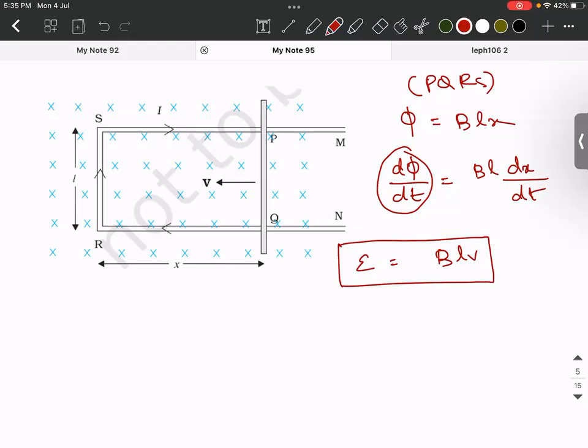Now I am going to explain finding the direction.